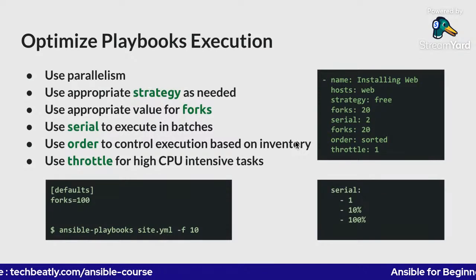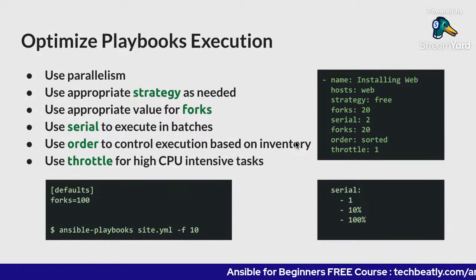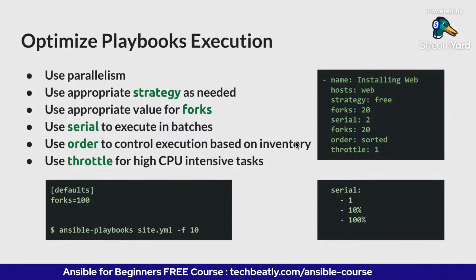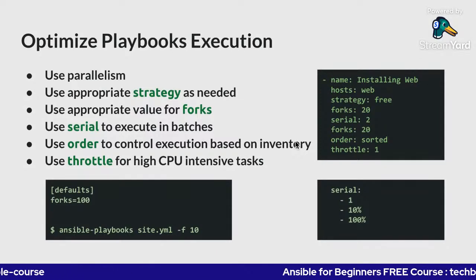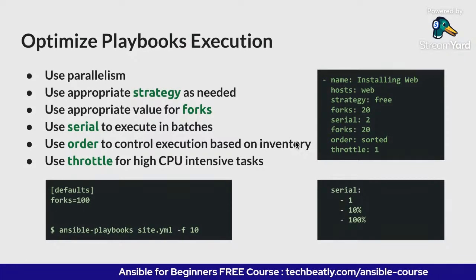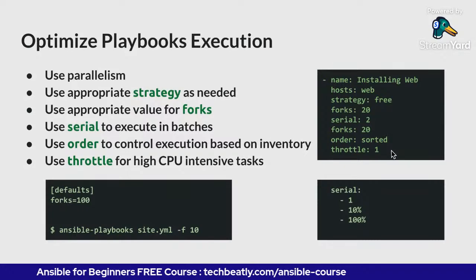And throttle is the important one for handling high CPU intensive tasks. Let's say one of your Ansible playbooks is doing some reporting job or some specific CPU intensive task, and it's taking all of your CPU resource. Then make sure you put the throttle there. Here you put the total as one, meaning one CPU, like that.